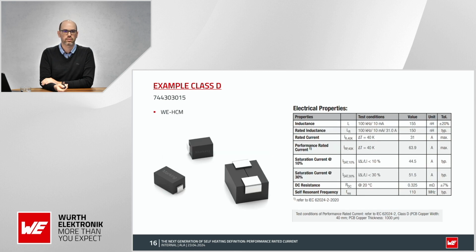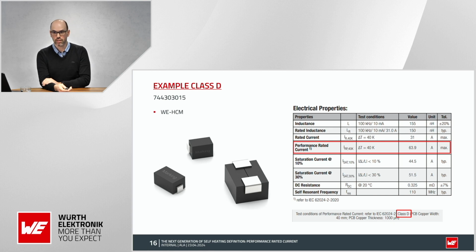And then last but not least, class D. One example is here for the HCM, which is mainly used for server applications. So this means low voltages but very high currents, and like you can see here, it has a current of almost 64 amps, and that is why we have chosen for this particular series then the class D, which has then a thickness of 1000 micrometers or 1 millimeter.